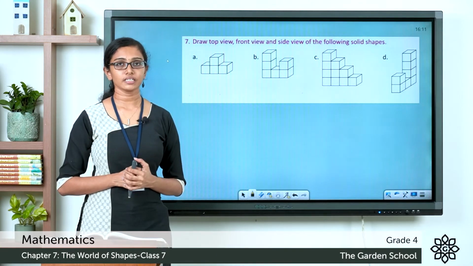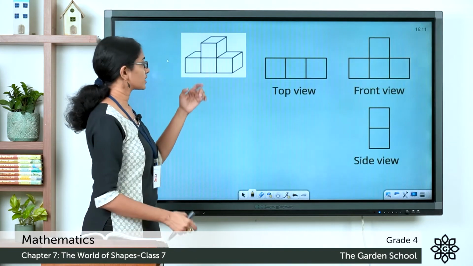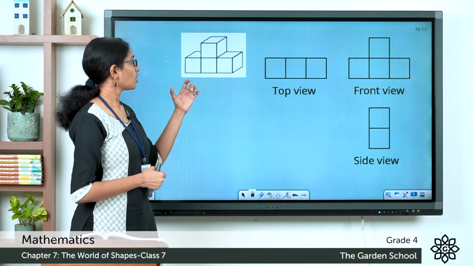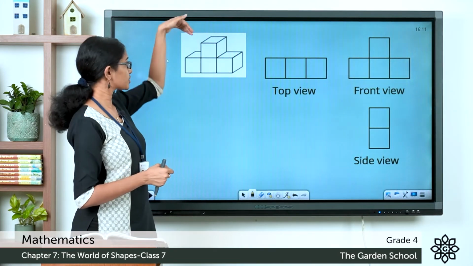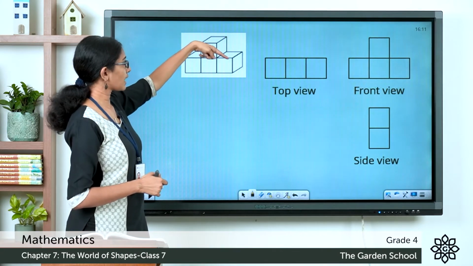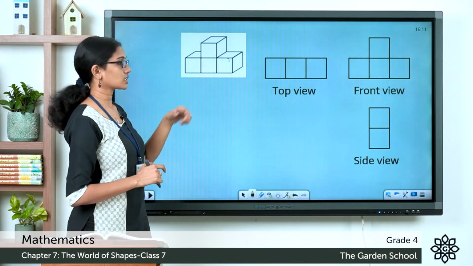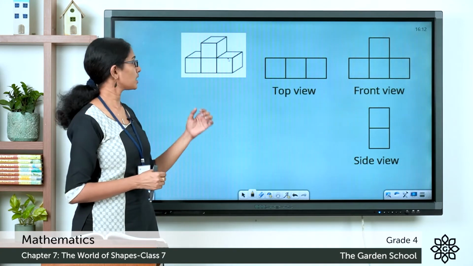The first question we'll do here in class itself. So question A, this is the figure for question A. How would this arrangement look when you're viewing it from the top? You'll be able to see this cube and this cube, not this cube. So the top view will look like this. What if you are viewing it from the front?